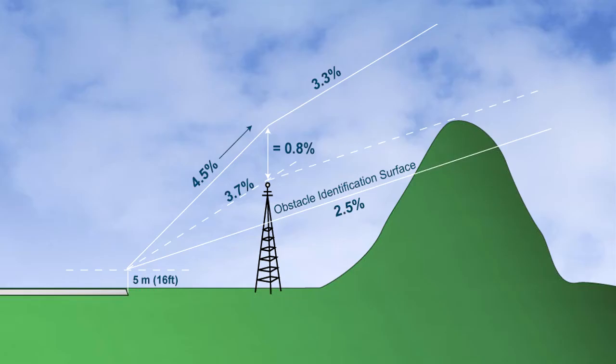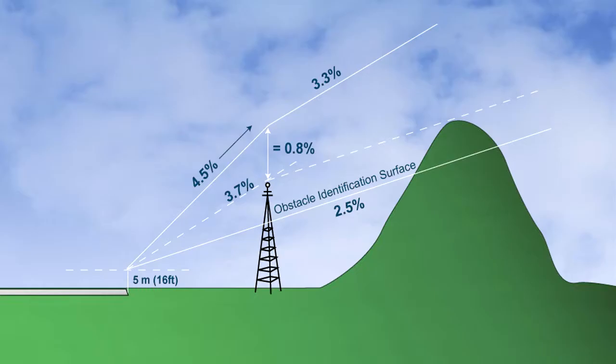Consideration of obstacle clearance in planning departure procedures is of paramount importance, and unless otherwise stated, the procedure design gradient, PDG, is assumed to be 3.3%. The PDG is made up of 2.5% gradient of obstacle identification surfaces, or the most critical obstacle penetrating these surfaces, whichever is higher, and 0.8% increasing obstacle clearance.